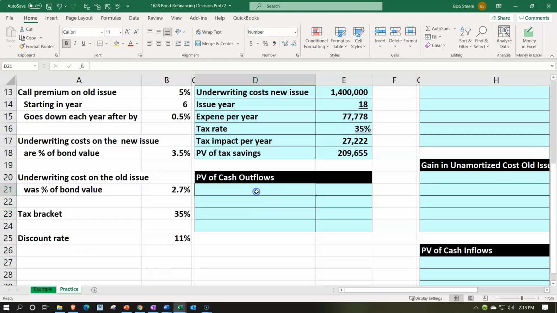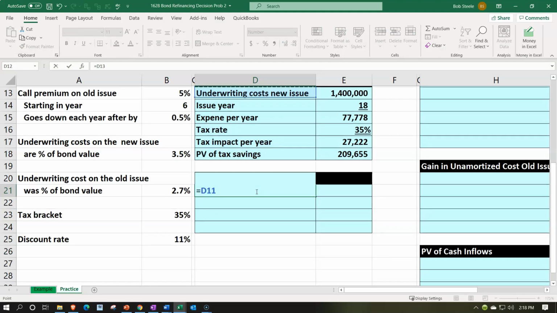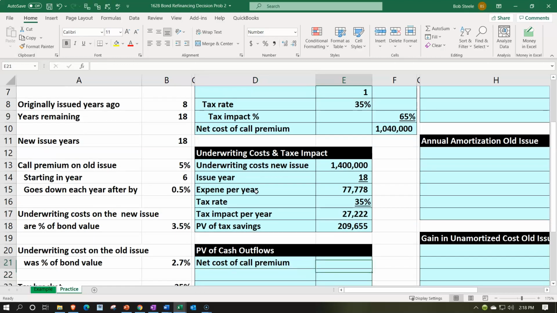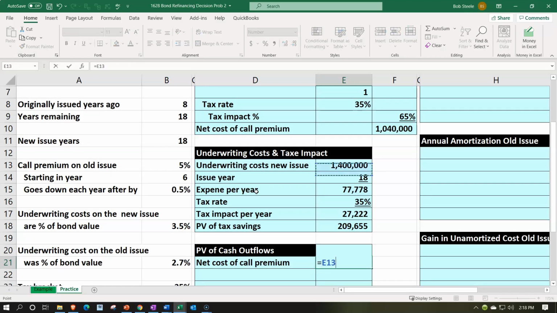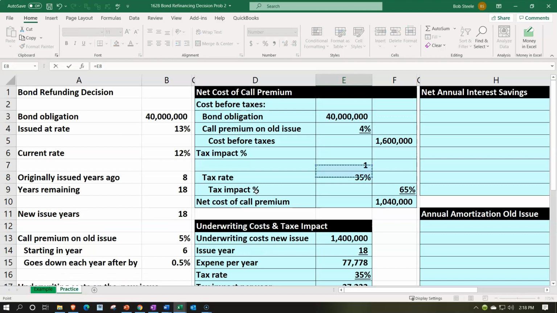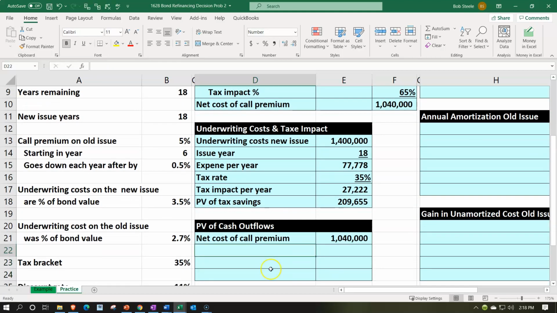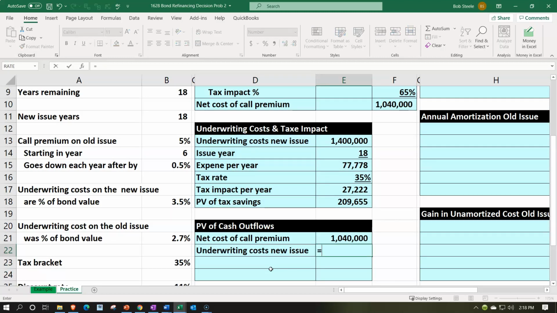And then we can sum this thing up down below. The present value of the cash outflows is the net cost of the call premium. So net cost of the call premium, which is the 1,040,000. And then we've got the underwriting costs, which we're going to make 1,400,000.